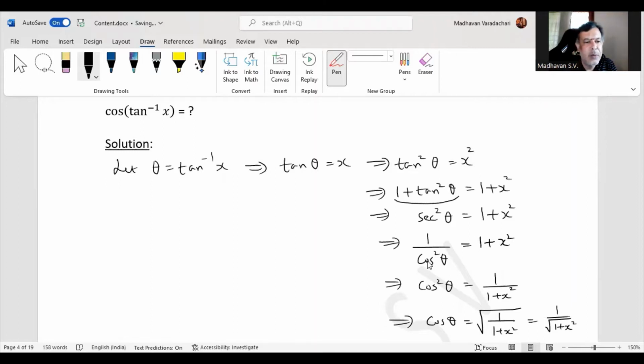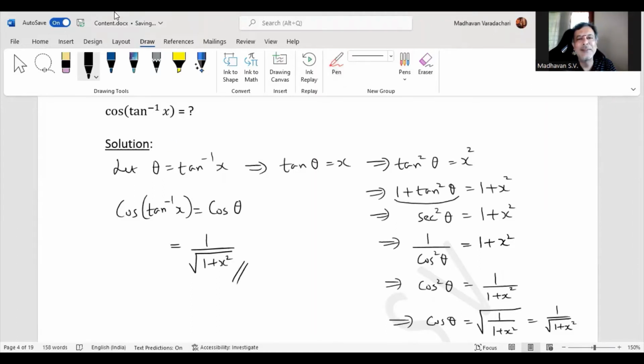Now coming back to the original question, cos of tan inverse of x is nothing but, since we assumed tan inverse of x as theta, cos theta, and cos theta just now we evaluated, it is 1 divided by square root of 1 plus x square. That is the result of this.